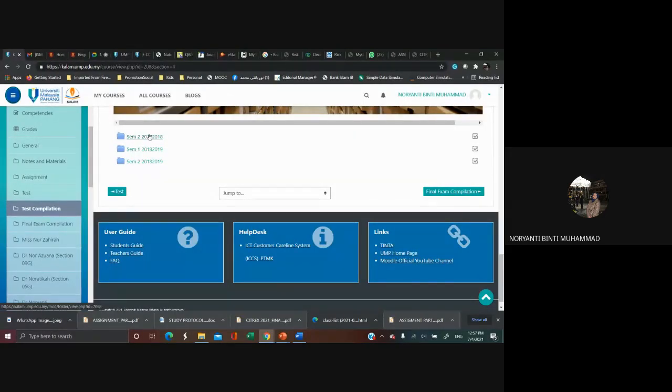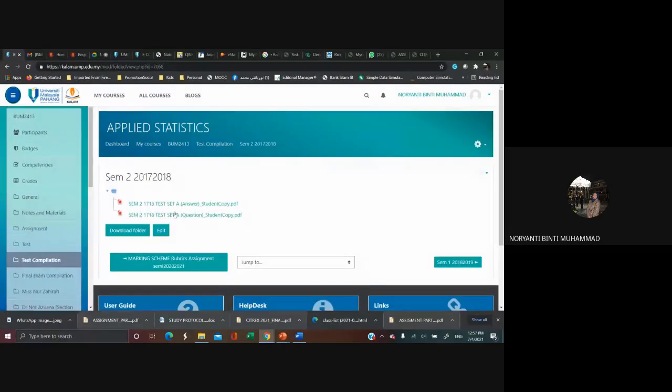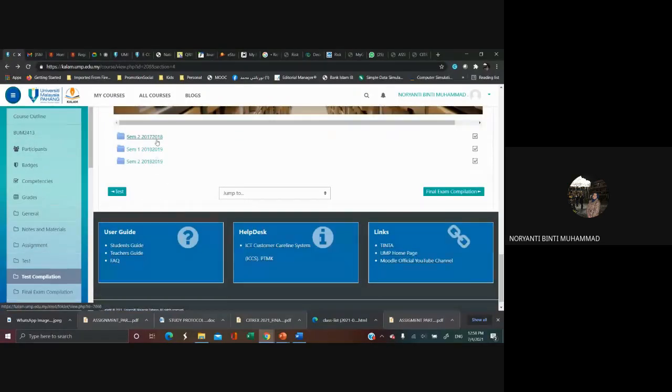For next week's revision, you try to do all these three, and then you can check, the answer scheme is there as well. But I will discuss the updated test sample later. I'll get the question first and then share with you, and then you try do it, and next week we discuss about that.